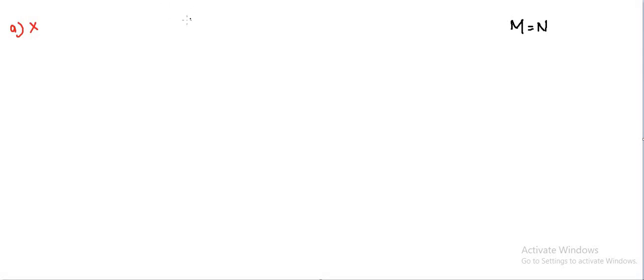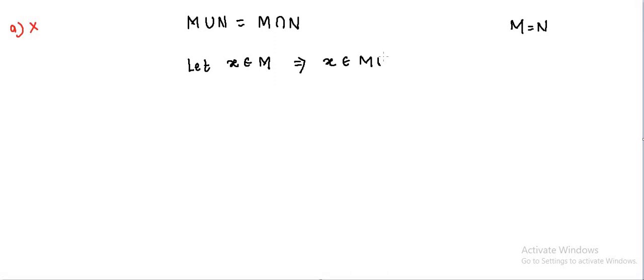We already said that we have M union N is equal to M intersection N. So let us consider an element x from M. If x is present in M, it will imply that x is also an element of M union N, because definitely if it is present in M, it will be present in M union N. But we also know that M union N is equal to M intersection N. So we can replace M union N with M intersection N.